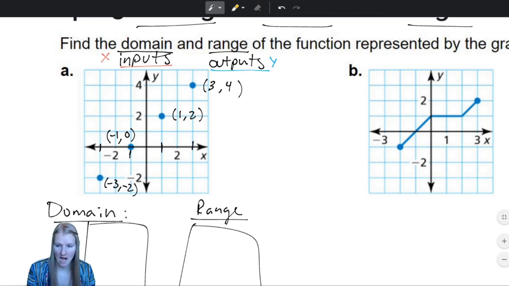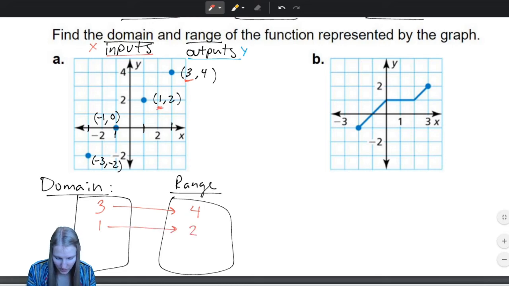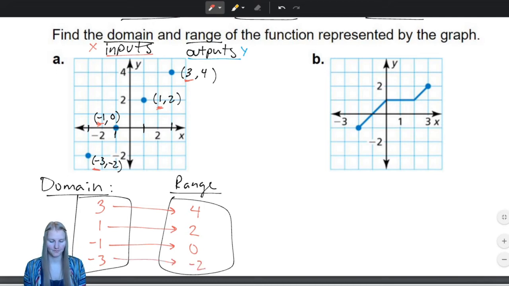Okay, now let's take the x piece of each of these points. So 3 goes to 4, 1 goes to 2, -1 goes to 0, and -3 goes to -2.